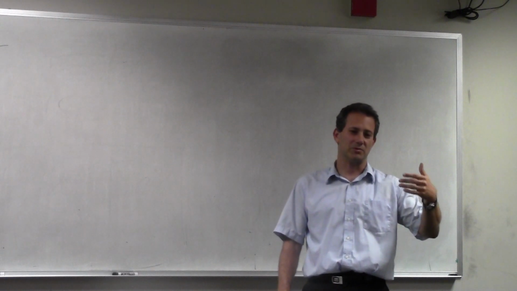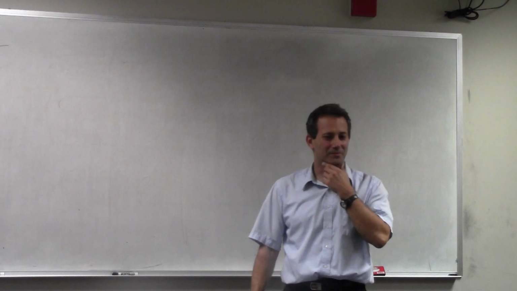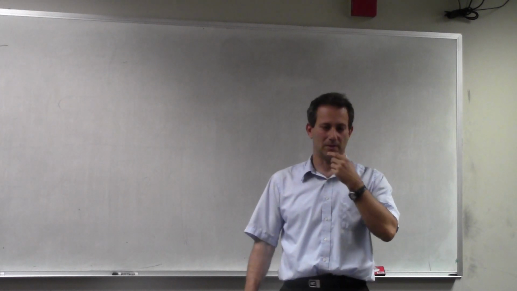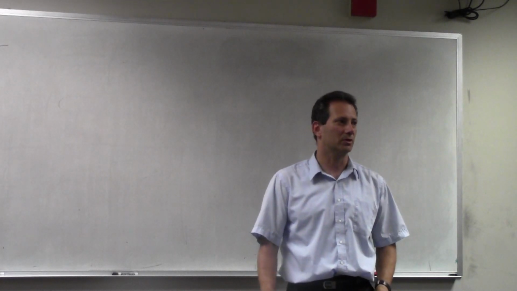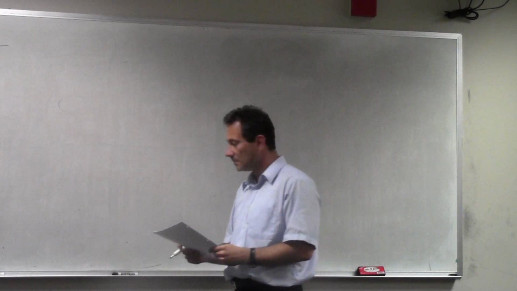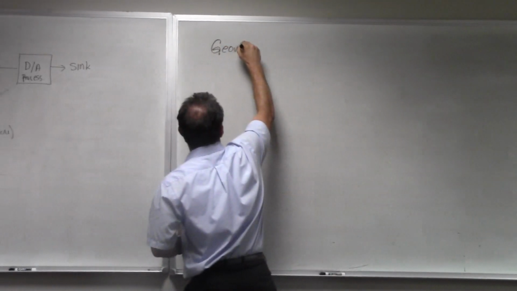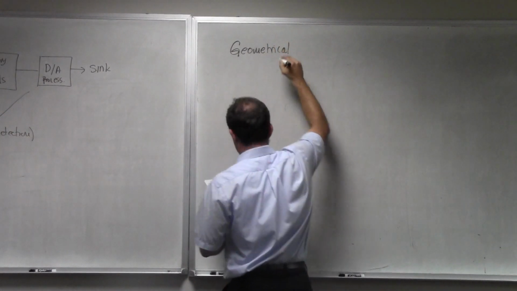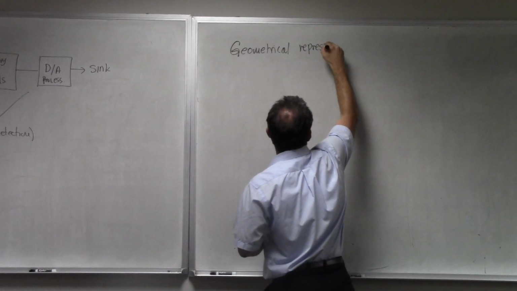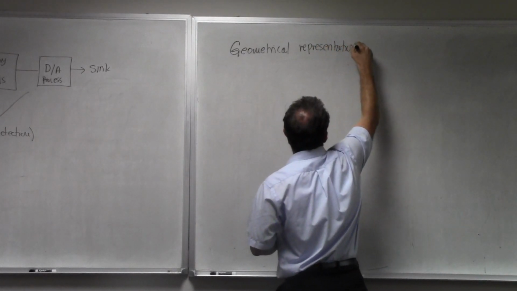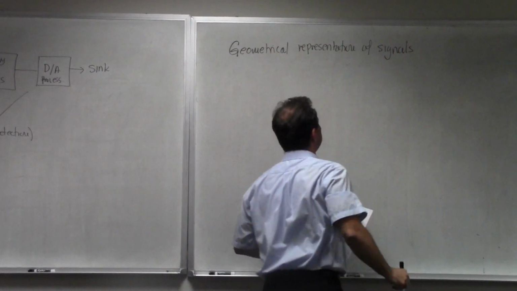And what we do by that is we turn the calculus into algebra, and that's much easier to deal with mathematically, but also much easier to understand conceptually what is happening there. So let me talk about geometrical representation of signal waveforms.